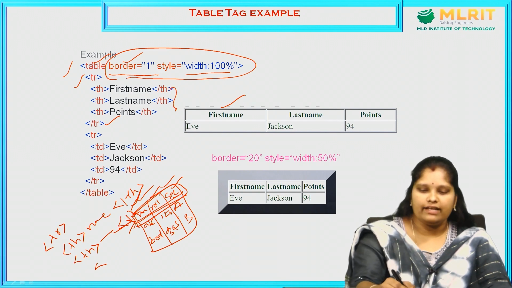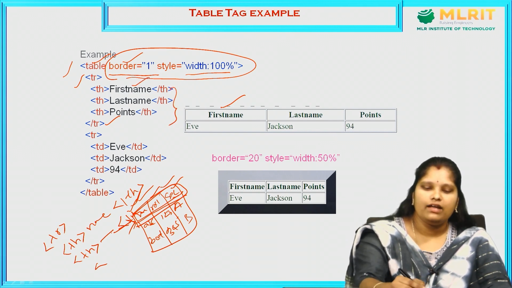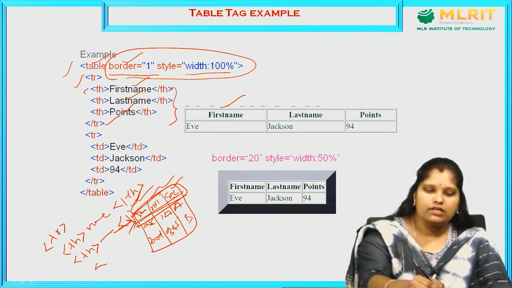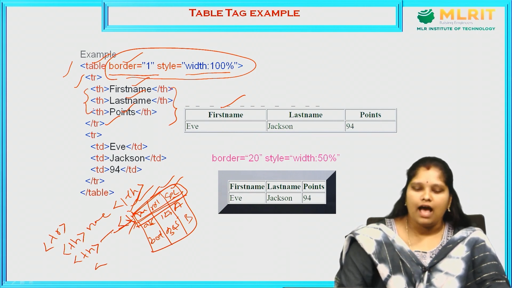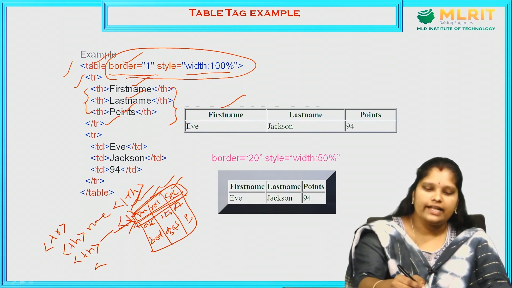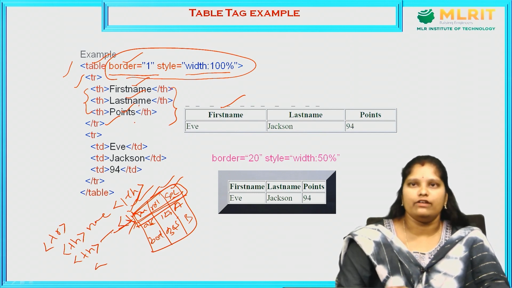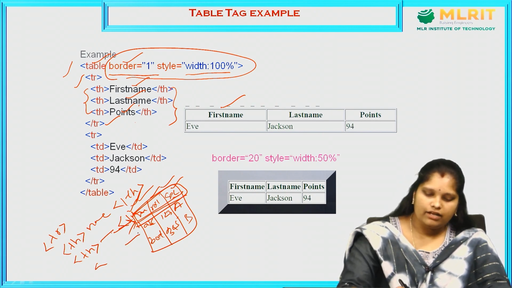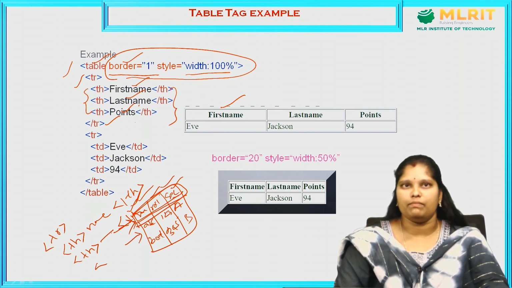In the first heading, the table headings are first name, last name and points, right? For those headings we need to use the th tag, right? After that for those headings we need to insert the values, insert the data, right? And next again we can start the next row for data entry purpose, right?